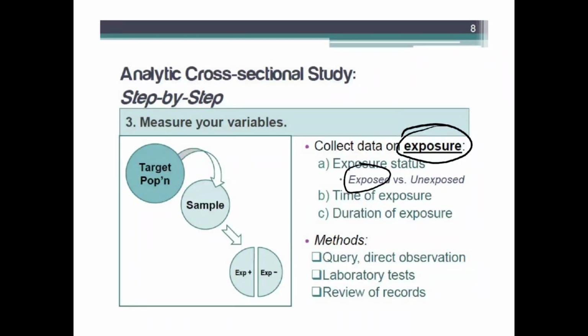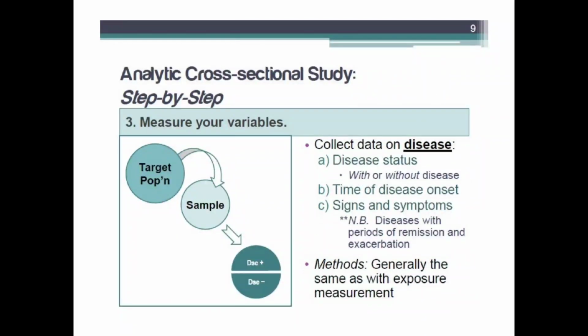It's either the exposed, yung E, tapos yung unexposed or yung symbol E na may line sa taas. Okay? Next, you also collect the data ng mga disease. So, with and without the disease. So, disease, symbol letter D na malaki. Okay? And then, without the disease, D, tapos may line sa taas.